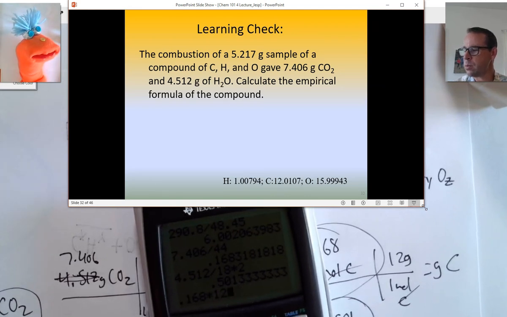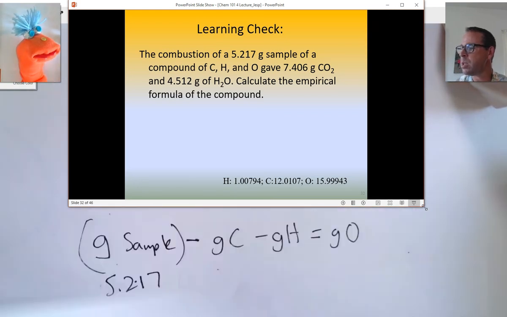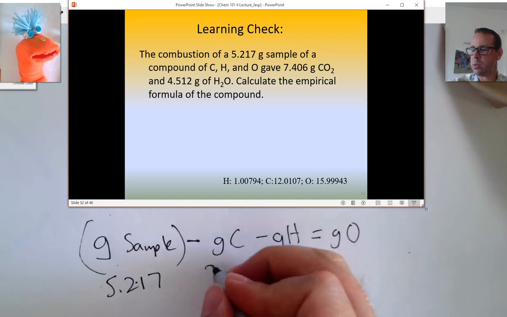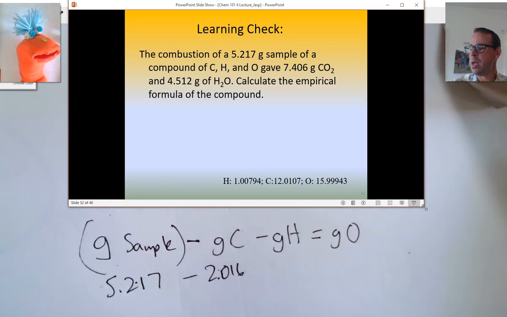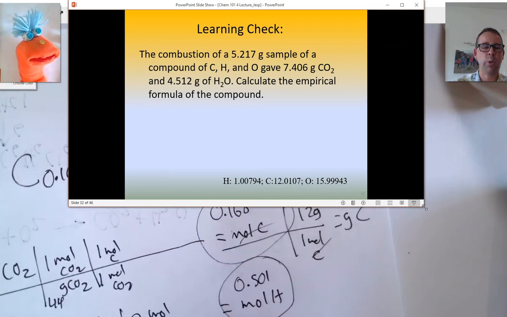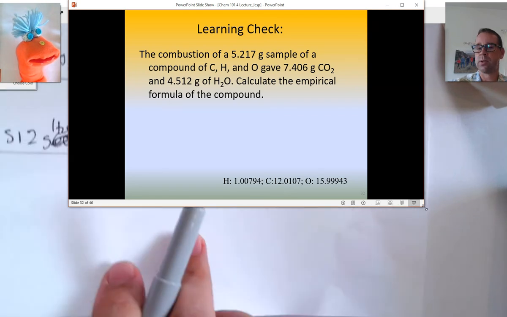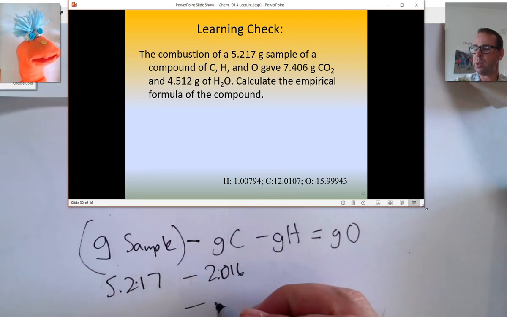That is 2.016. So that is how many grams of carbon. And then I also subtract the grams of hydrogen, which our moles of hydrogen was 0.501 moles of hydrogen. So that's going to be just a 1-to-1 ratio because there's 1 gram per mole for hydrogen.